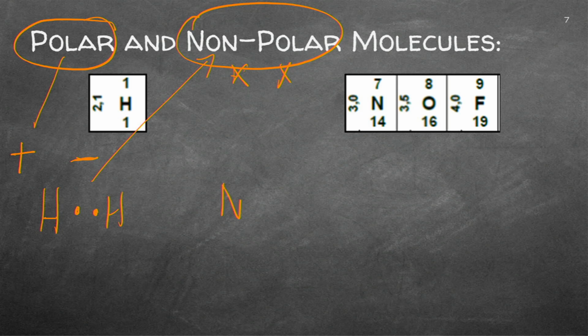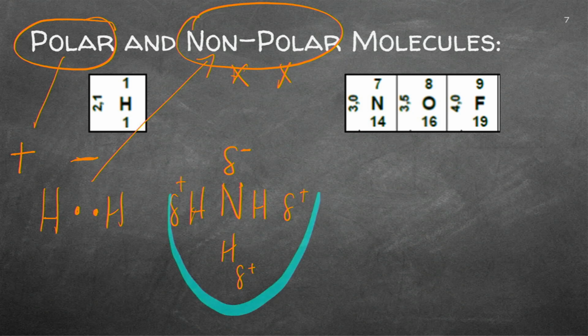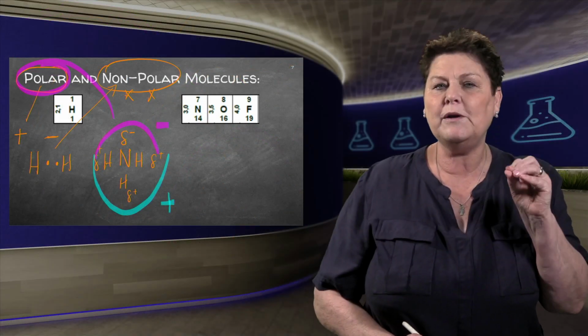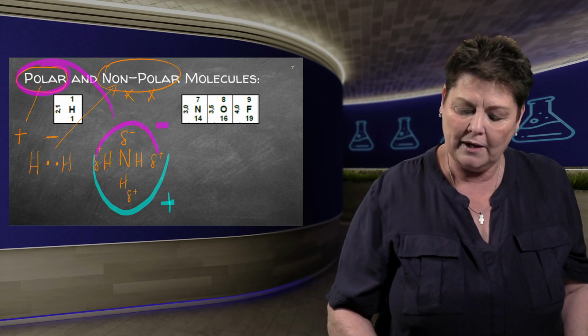If it's a nitrogen with 3 hydrogens, remember we just did it. We said this side is slightly negative. Here we find slightly positive. So what we have here, this side is positive and that side is negative. So it is polar. Important that we know, is it polar or non-polar?